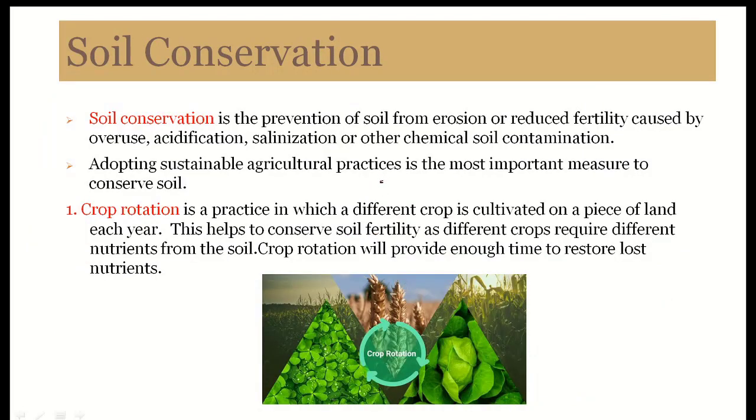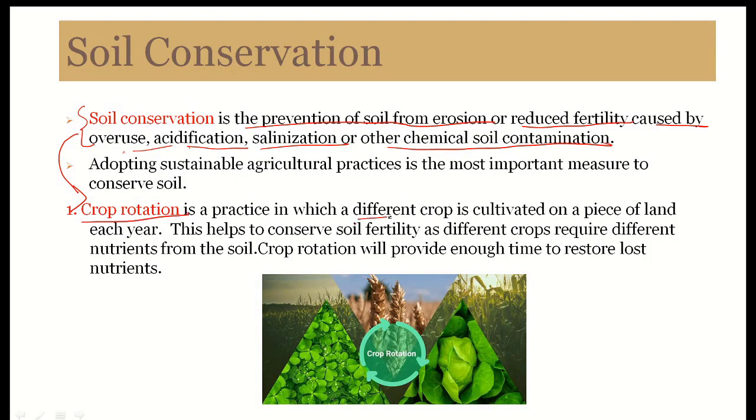Next is soil conservation. What is soil conservation? Soil conservation is the prevention of soil erosion and of the reduction in fertility caused by overuse, acidification and salinization or other chemicals imposed on the soil. To prevent this, soil conservation techniques are used. Some of them are like crop rotation. What is crop rotation?